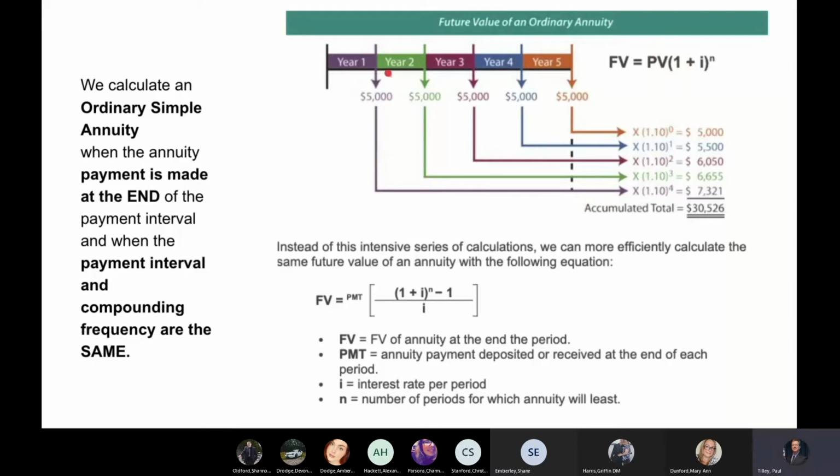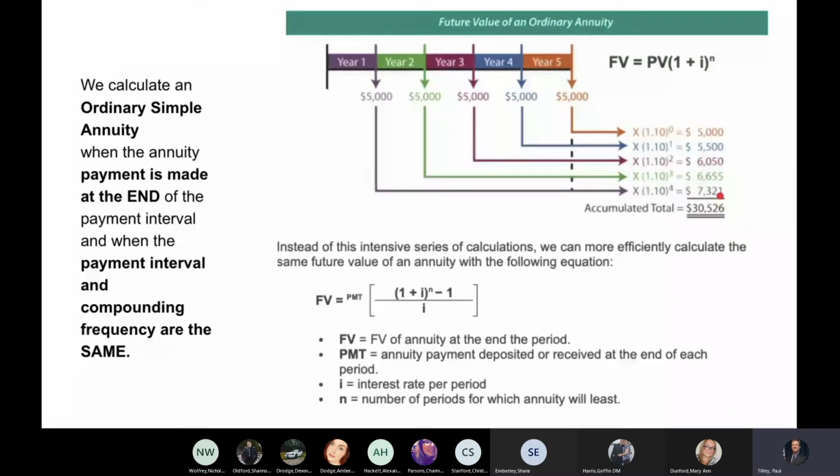And it's going to sit there for 1, 2, 3, 4 periods, hence the 4. It will be worth, because we're putting it in at the end of the period, keep in mind, it's only sitting there after year 1. So it's going to sit for 1, 2, 3, 4 years. So it'll be worth $7,321 at the end of the period.